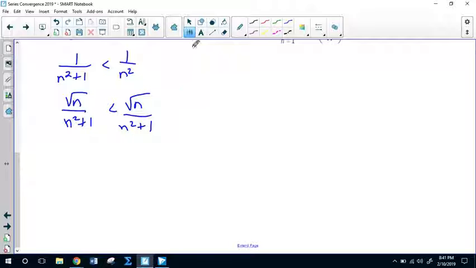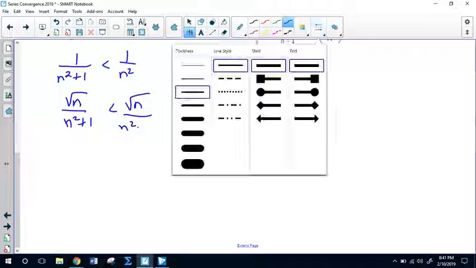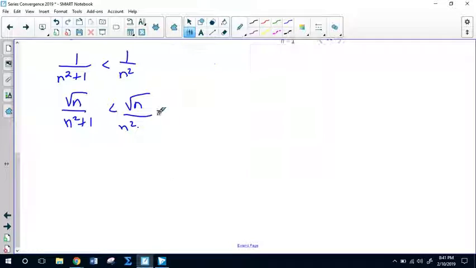And then, oops, I have too many pluses there. And that right side is the same as 1 over n to the 3 halves. Okay, so what I have now compared my series to is the series from 1 to infinity of 1 over n to the 3 halves.